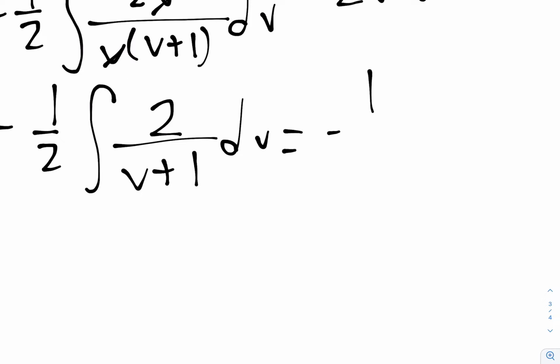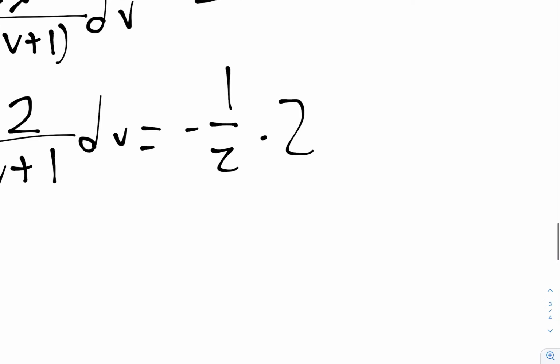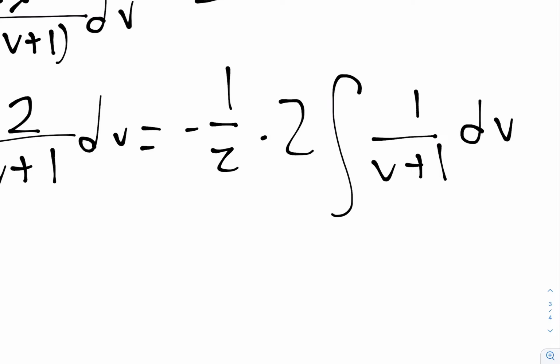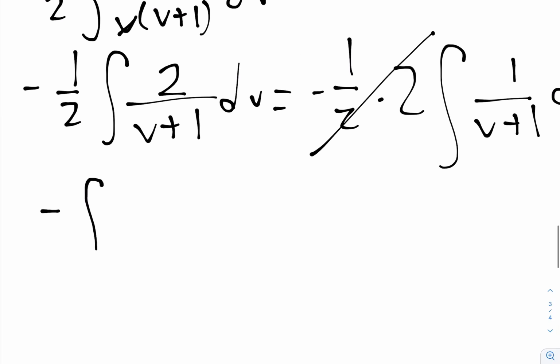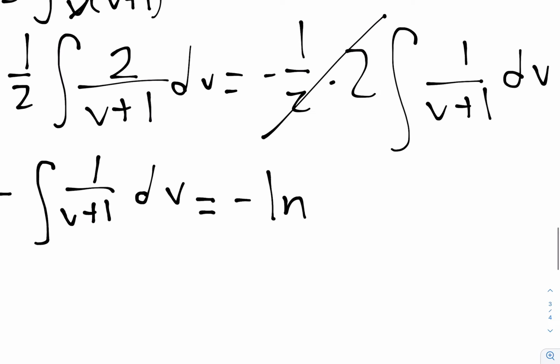So this is like negative 1/2 times 2 times the integral of 1 over v plus 1 dv. So these will cancel. We're just left with the negative. We're going to get negative integral 1 over v plus 1 dv, right? Remember, that's going to equal negative natural log of the absolute value of v plus 1, right, times the derivative of v with respect to v, which is just 1. So we don't need to multiply it by 1. We can just leave it, right?